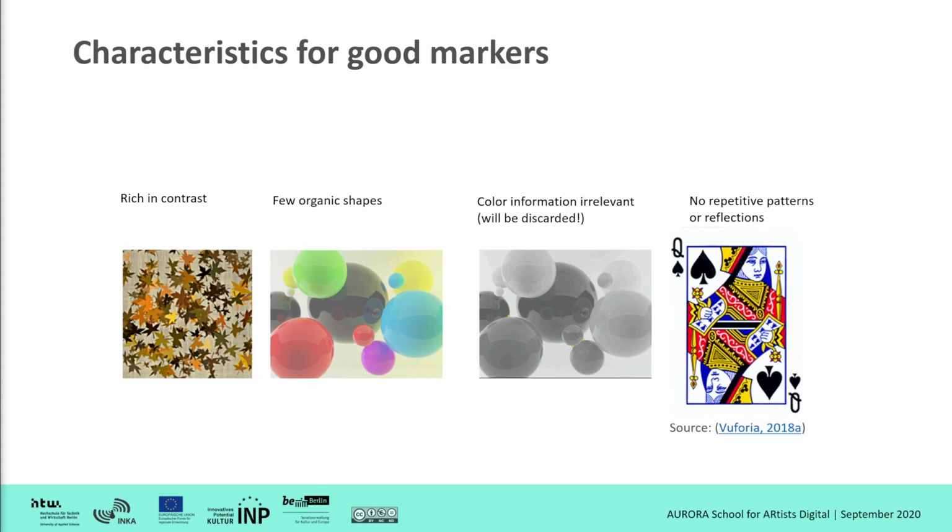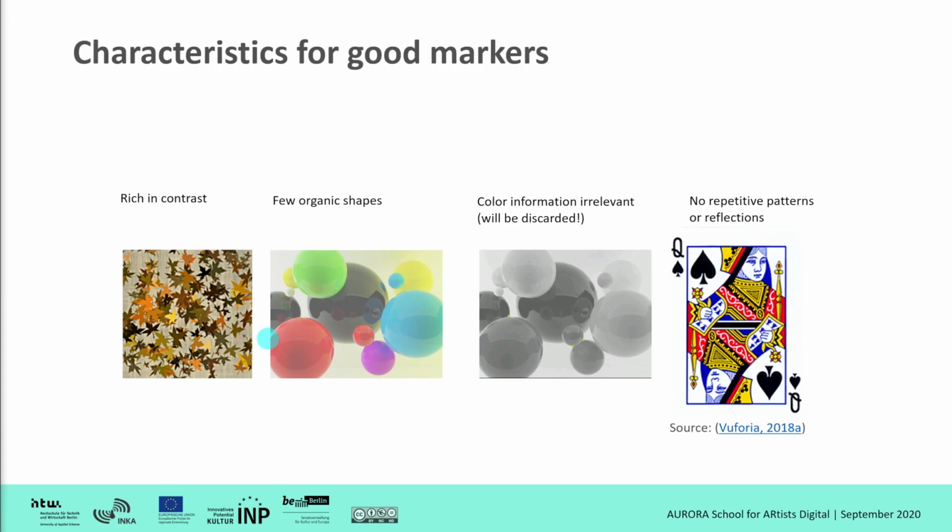Here in my slides, you see that a good marker is rich in contrast, so it has a lot of edges, so the algorithm is able to detect the differences in the image. What is not good is having a marker or image with organic shapes, something round, something with reflections, like in the second picture here. This is not a good marker, it will not be recognized.